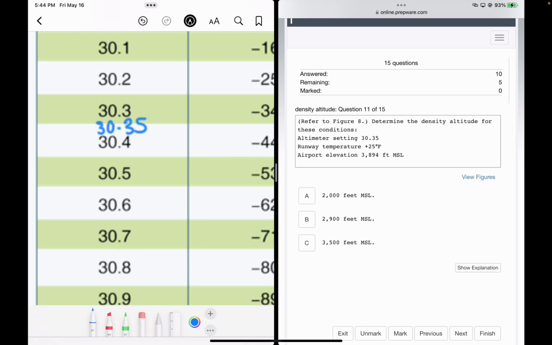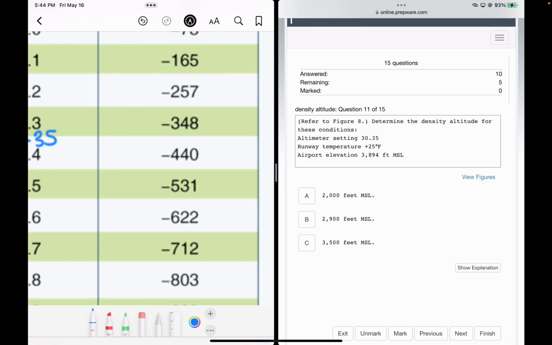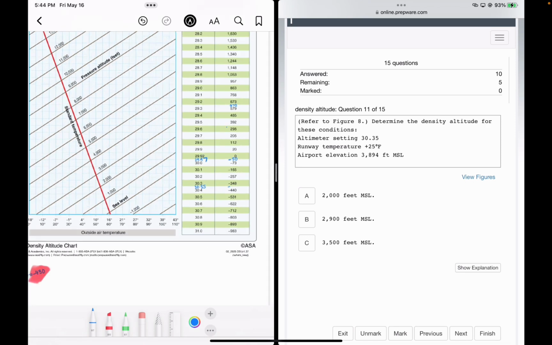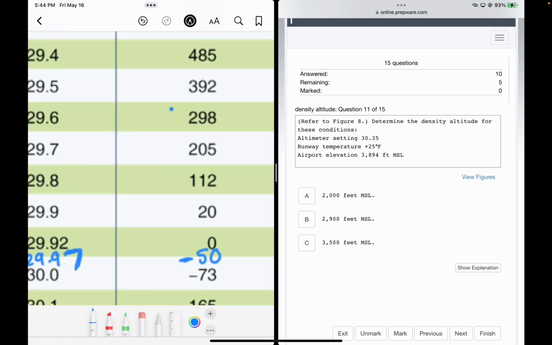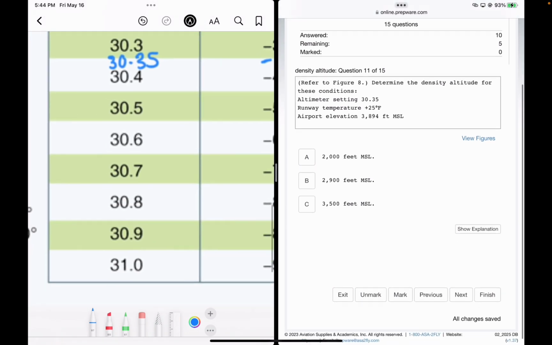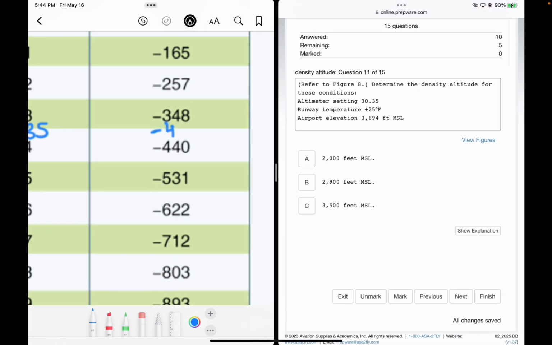Okay, so our number that we got was, what was it again? -430. Does -430 lie between these two numbers? And it does, so that makes sense.